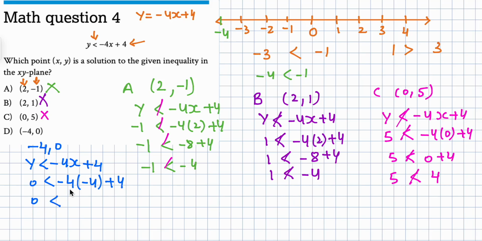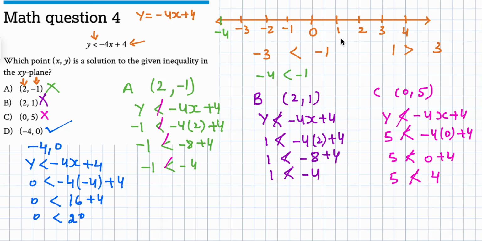Now when two negative numbers are multiplied, the result is always positive. 16 plus 4. So 0 is less than 16 plus 4, which is 20. Yes, 0 is less than 20. So this negative 4, 0 is satisfying this inequality. That means D is the right option.